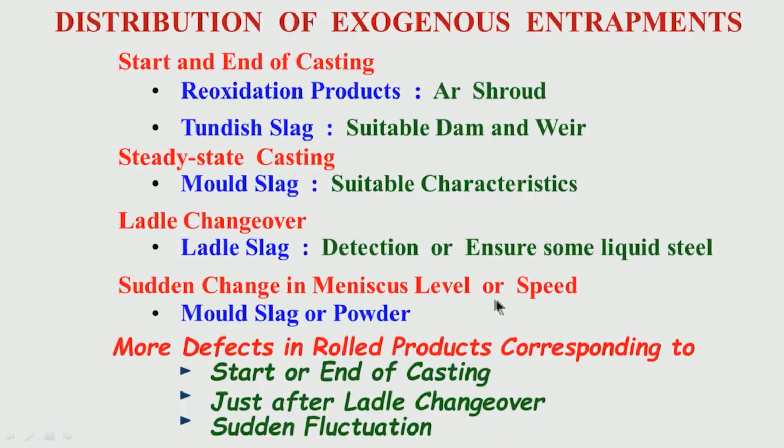The sudden change in meniscus level, if it takes place due to a sudden change in speed during casting, that particular location will be bad, relatively inferior, and more inclusions are expected. So the start or end of casting, just after ladle changeover, or a sudden fluctuation during casting, these areas are relatively inferior. So these portions of the cast, whether slab, bloom or billet, are relatively inferior.